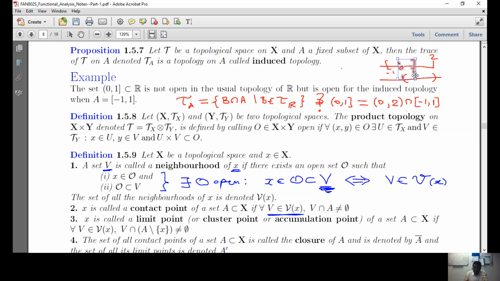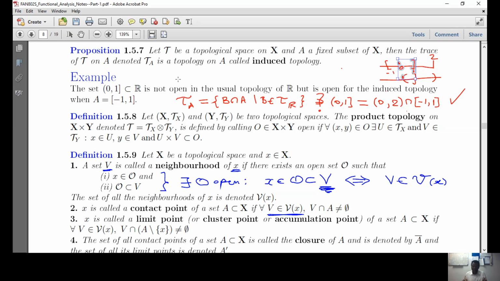So it will be this. So it will be (0, 1). So this intersection will give us (0, 1). So yes, because it can be expressed this way, we say it is open for this topology, the induced topology.